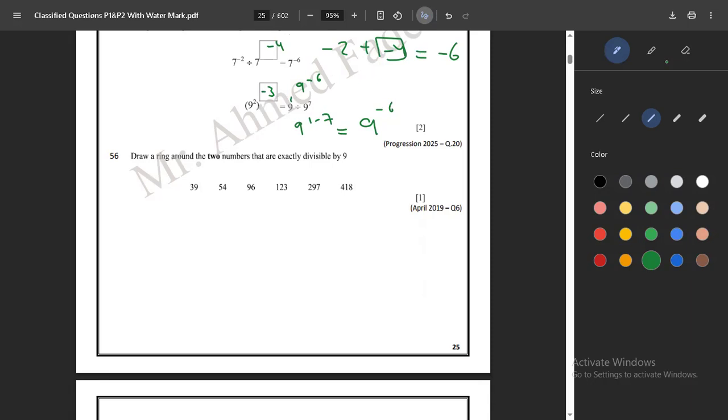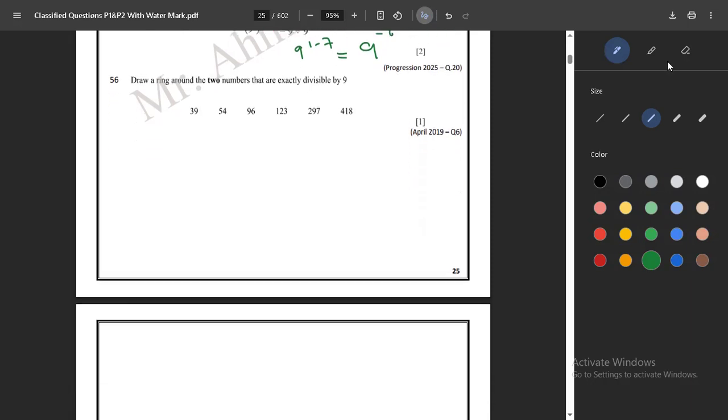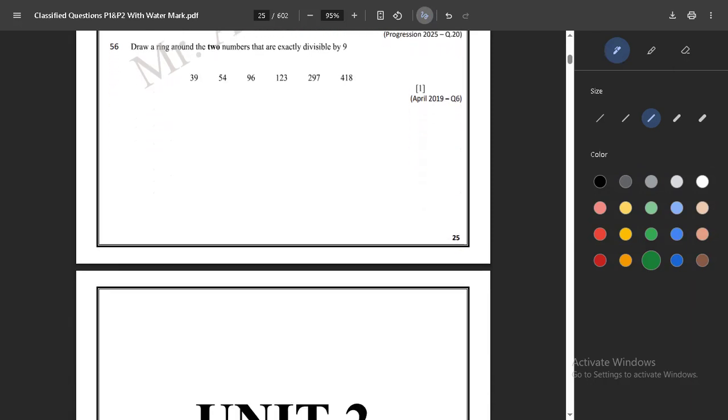Next question. It says to you here, draw a ring around the two numbers that are exactly divisible by 9. We agreed in the very beginning of the video, if we add the digits up, they must be a multiple of 9. 3 plus 9 is 12. They are not a multiple of 9 because 12, I have 9, I have 18, but I don't have 12 in table 9. 5 and 4, add them up, they give me a 9.